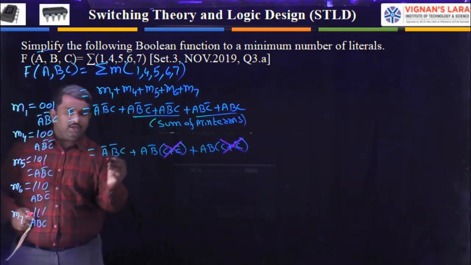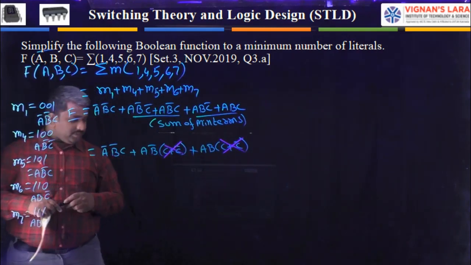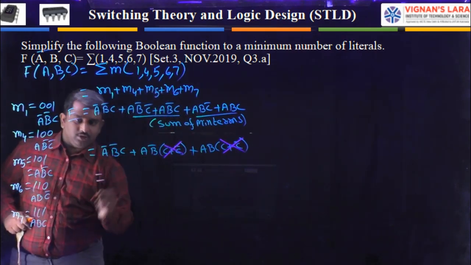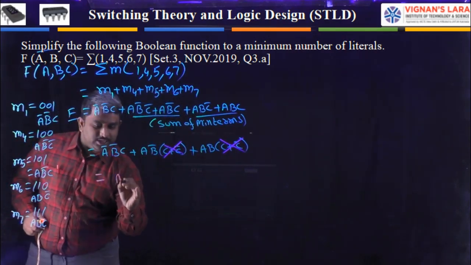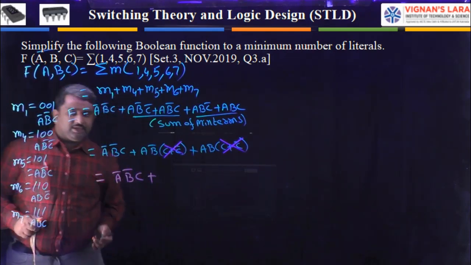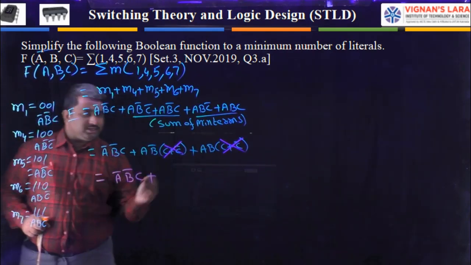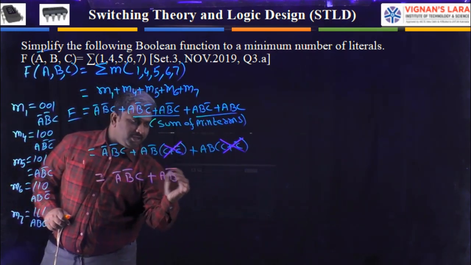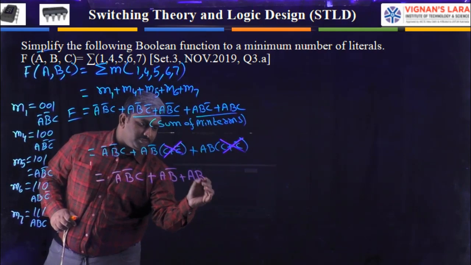So the final remaining function is a bar b bar c plus a b bar plus ab.